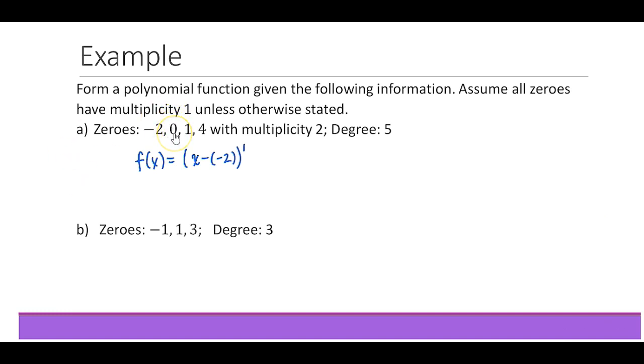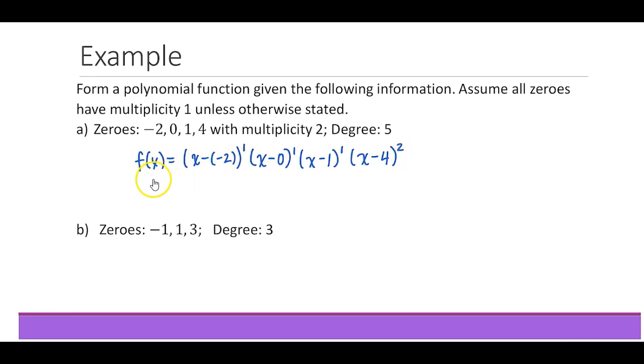If 0 is a 0, then the factor x minus 0 has to be included in our polynomial, again with a multiplicity of 1. If 1 is a 0, then x minus 1, again to the power of 1, has to be a factor. And then lastly, to have 4 as a zero with a multiplicity of 2, we need a factor that looks like x minus 4 as a quantity squared.